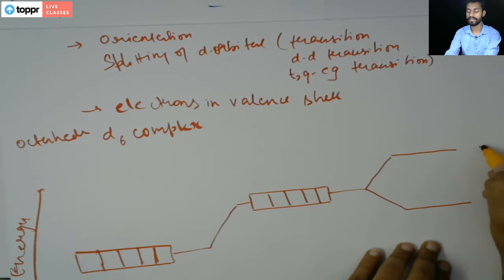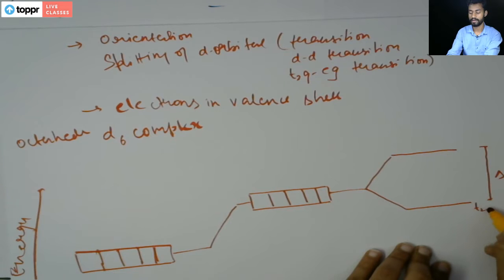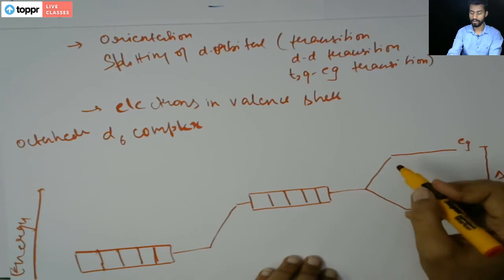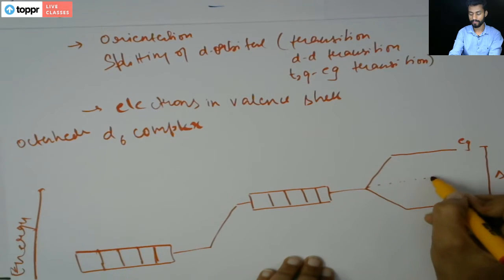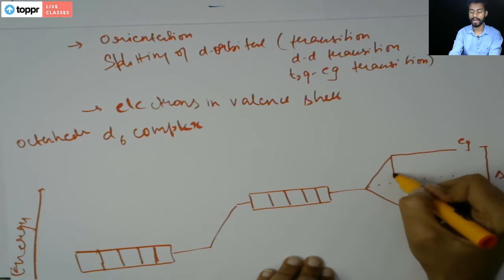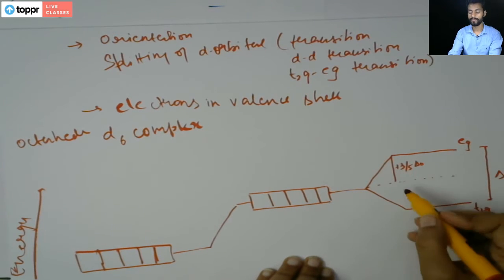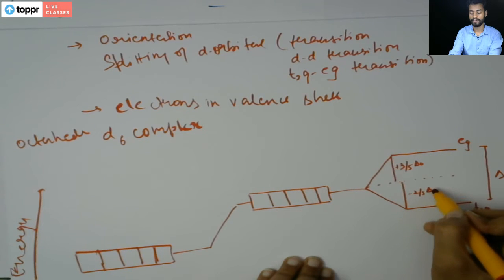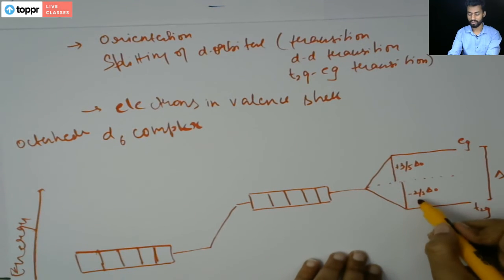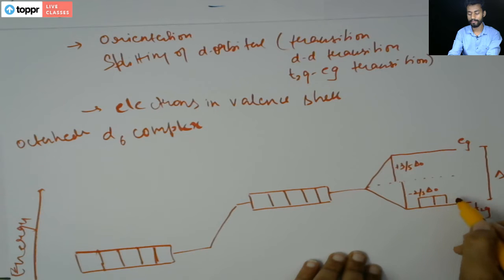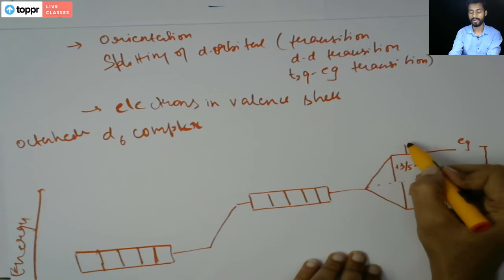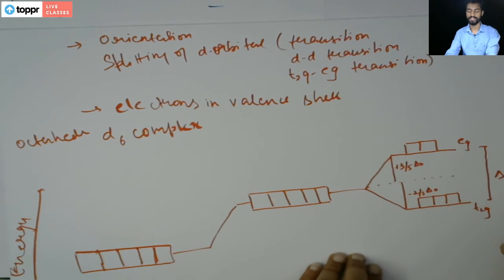So again, here it is delta O. This is t2g. This is eg. You must be able to label the diagram well now. This is 3 by 5 delta O, and this is minus 2 by 5 delta O. 3 orbitals on the t2g side, 2 orbitals on the eg side.